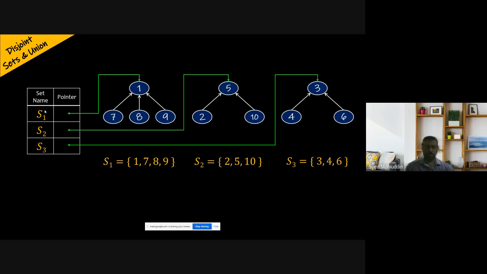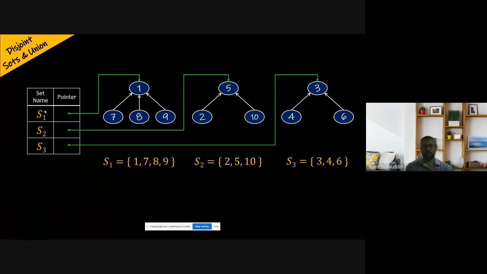So we usually don't represent them as S1, S2, S3 in computer science. But we can maintain a table, and the table can contain set names and pointers to their root nodes. So this is how the sets are maintained in an algorithm or when we write a program.